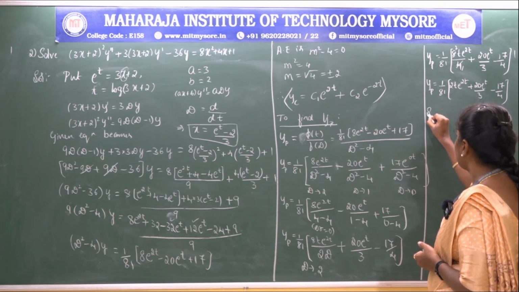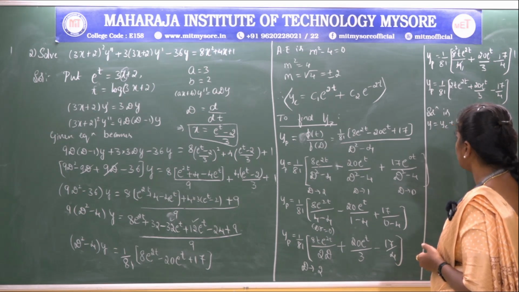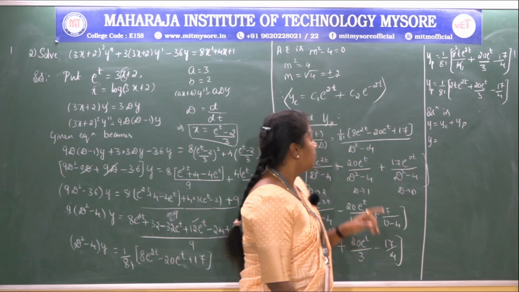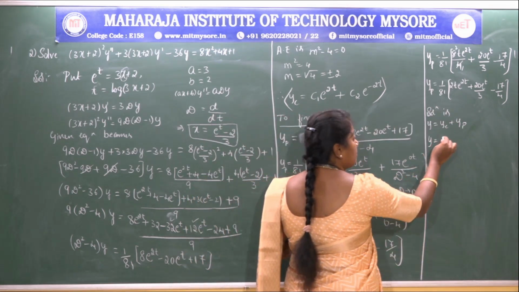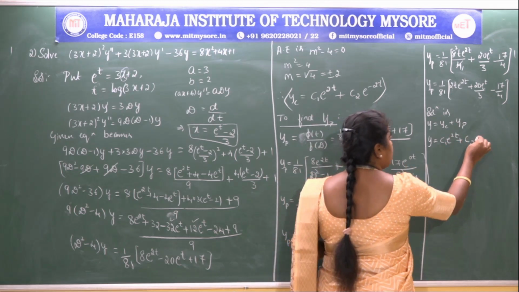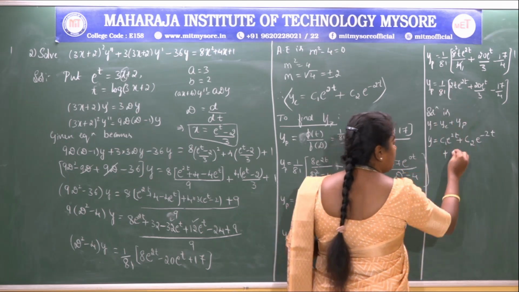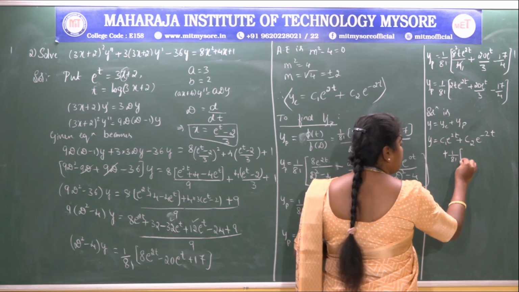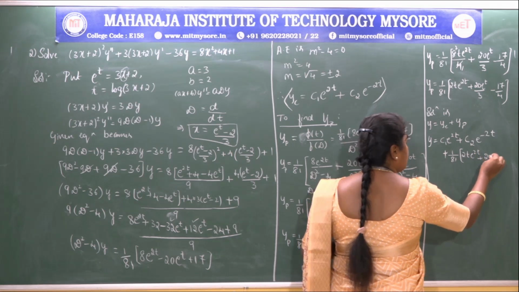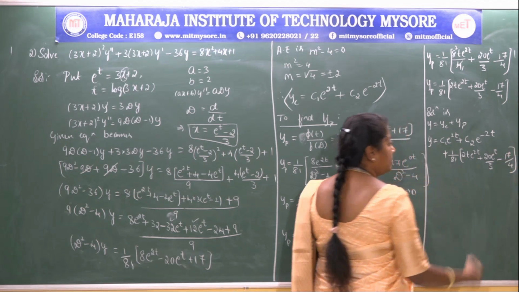That is, the complete solution is y is equal to yc plus yp, which is equal to the yc value we obtained: c1 e power of 2t plus c2 e power of minus 2t, plus the obtained particular integral value, 1 over 81 times 2t e power of 2t plus 20 e power of t divided by 3 minus 17 divided by 4.